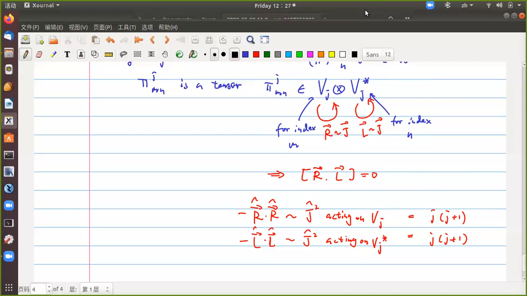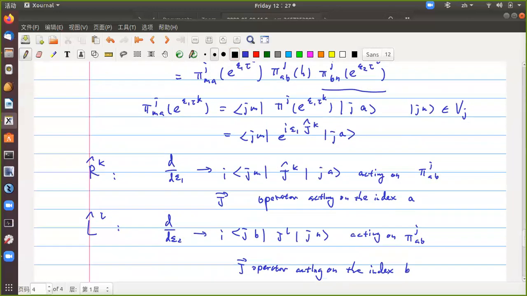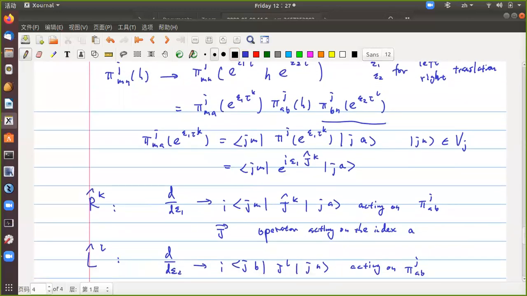I have a question about the right invariant vector field. It's a derivative acting on pi, correct? And then you get a GK operator. But I think there is another exponential, e to the i epsilon GK. Oh, okay.